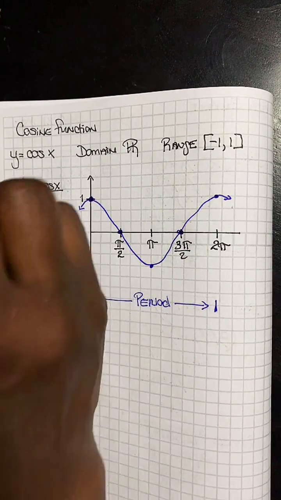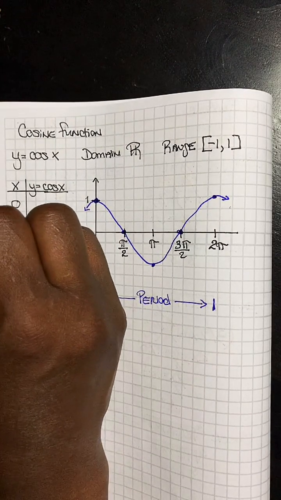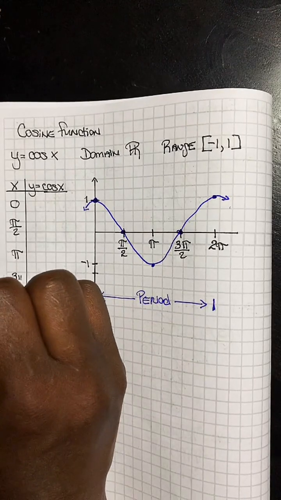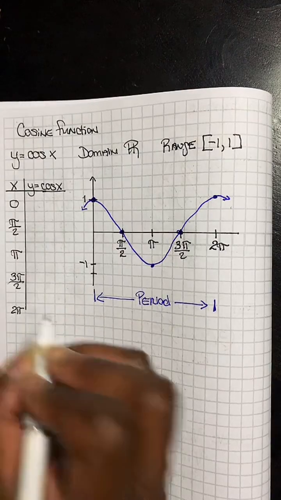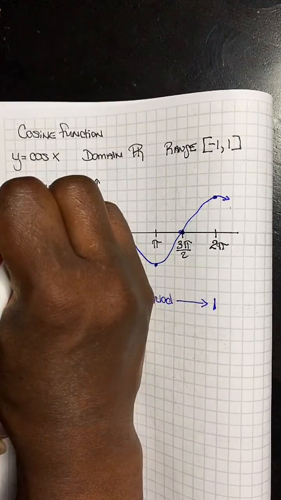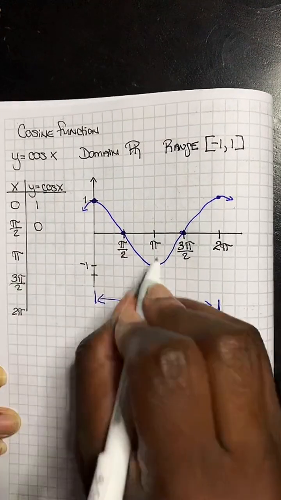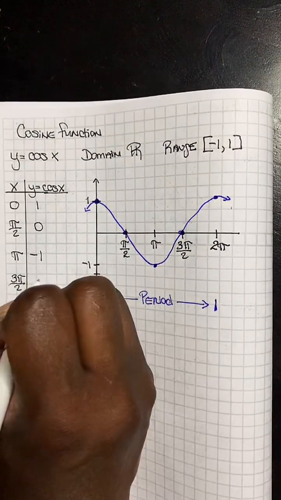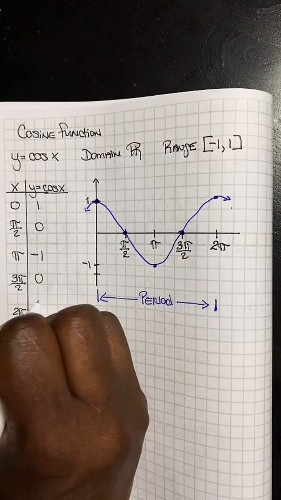So for the angle measure, we have our 0, our pi over 2, pi, 3 pi over 2, and 2 pi. Like I said, for cosine, it's going to start at 1. Pi over 2, that's going to be at 0. Pi is going to be at negative 1. 3 pi over 2, 0. And 2 pi at 1.